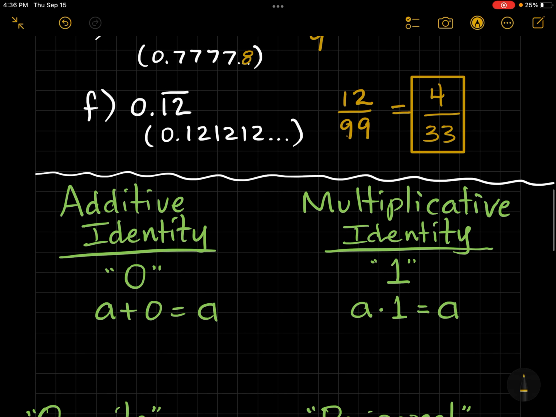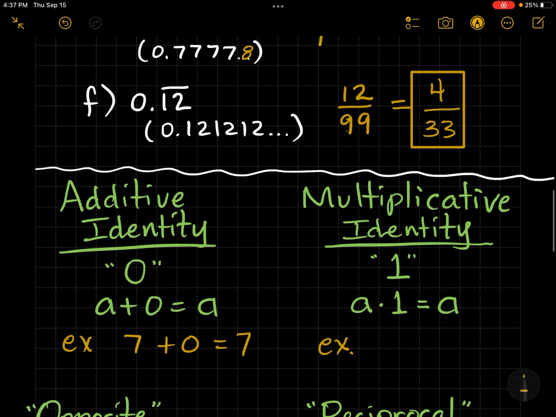For example, if I add 0 to 7, I'm still going to have 7. Let's come up with a better example for the multiplicative identity. What if we have 2 over radical 3? Well, we learned that you can't have a radical in the denominator, so I'm going to multiply by 1.